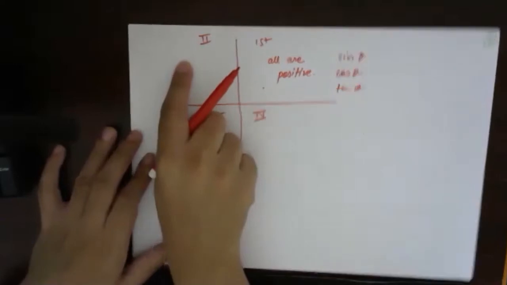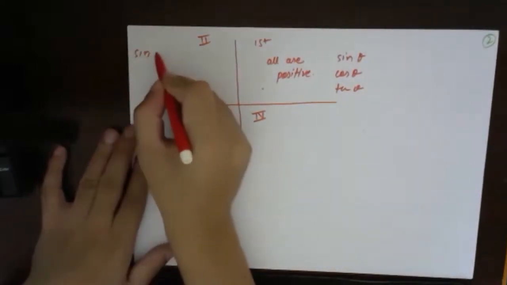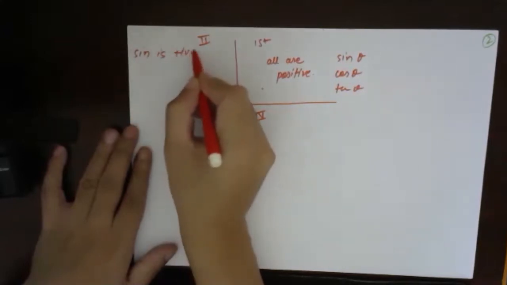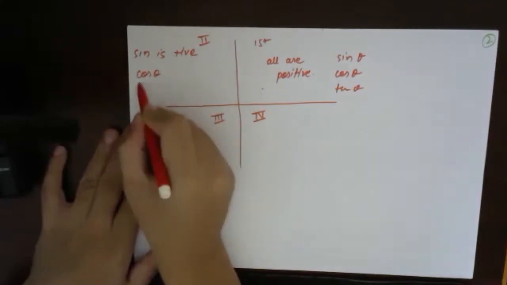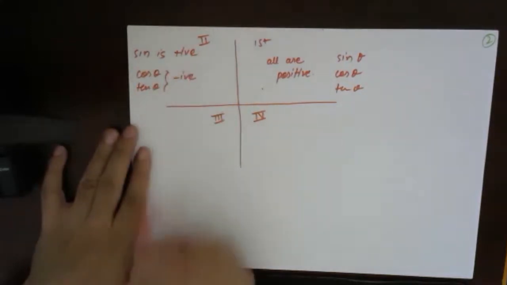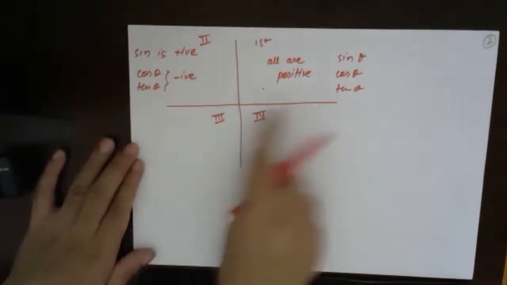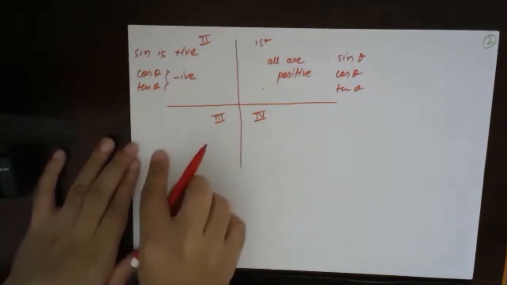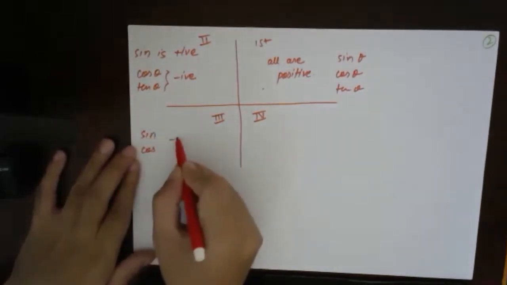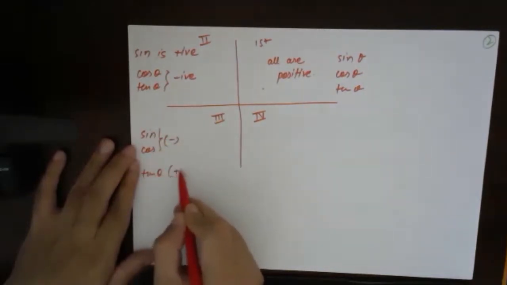In the second, only sine is positive. Cos of theta and tan of theta are both negative. Here in the third, sine and cos will be negative, and tan of theta will be positive.